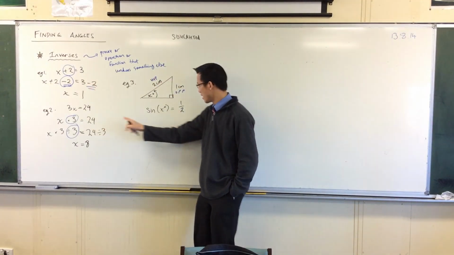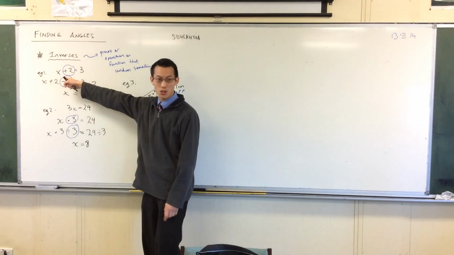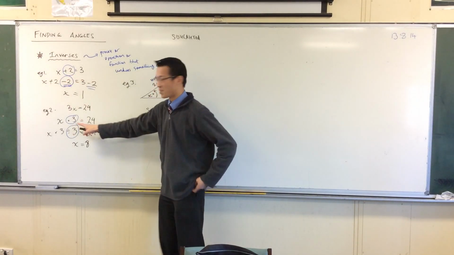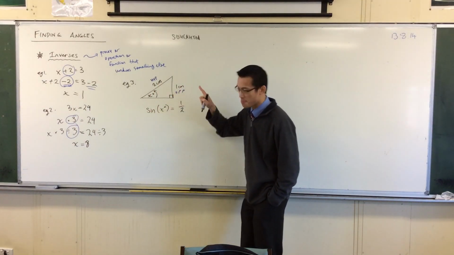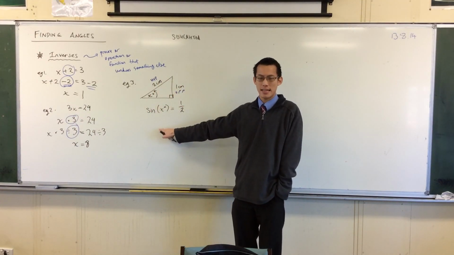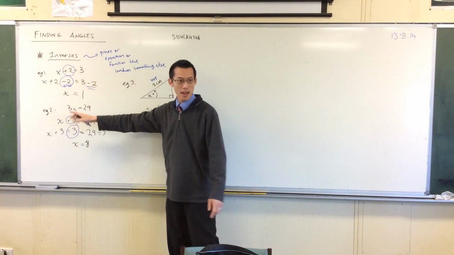Now at this point, I am in exactly the same position that I was here and here. I've got the x here, but there's just this one thing I need to get rid of. There was a +2 I had to get rid of, so I did -2. There was a ×3 I had to get rid of, so I divided by 3. I have a sine here. Now sine is an operation or a function, just like plus and multiplication.